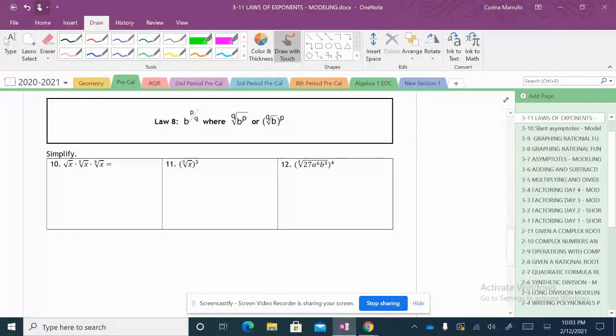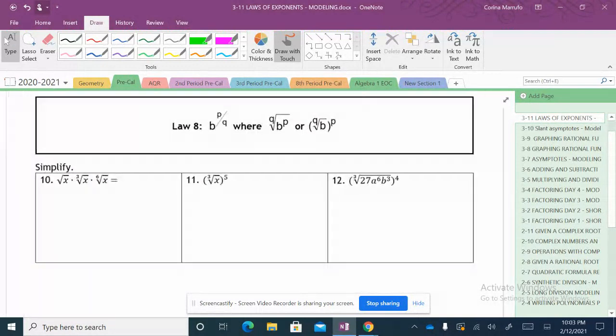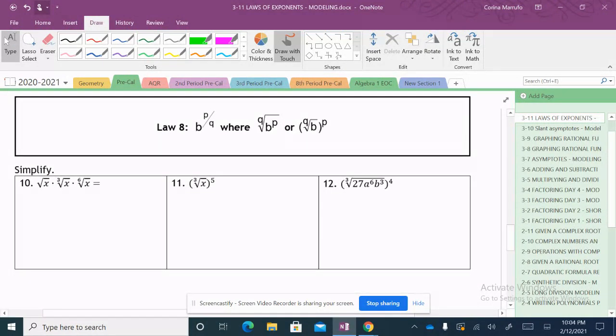All right, moving on. Okay, so the last section, we have the law of b to the P over Q, where it's the Qth root of b to the P power. Okay, so real quick, I know that sounds super complicated, but it's not too bad. So for example, the square root of x.